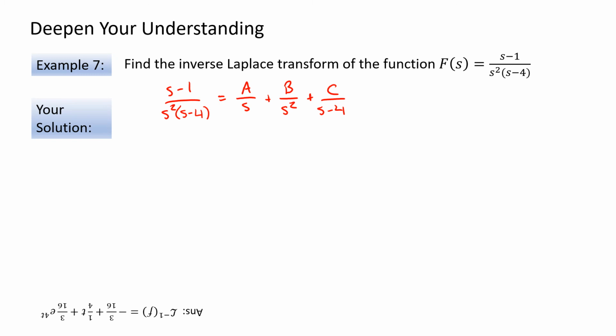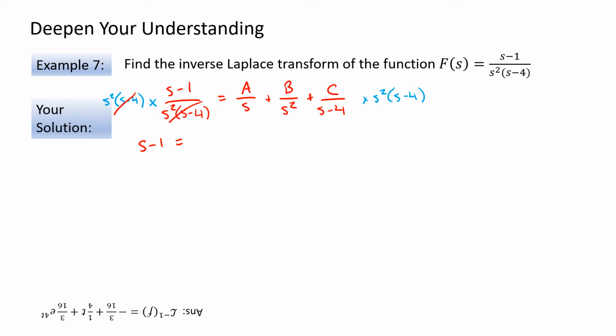Now we follow the same method here, even if it's repeated factors. We multiply both sides by everything in the denominator, so s squared times s minus 4. If we do that, they cancel on the left-hand side, and we're left with s minus 1.